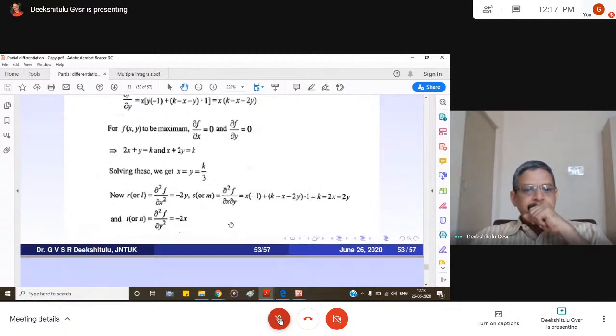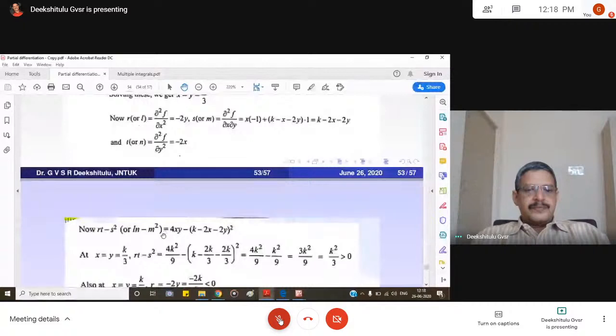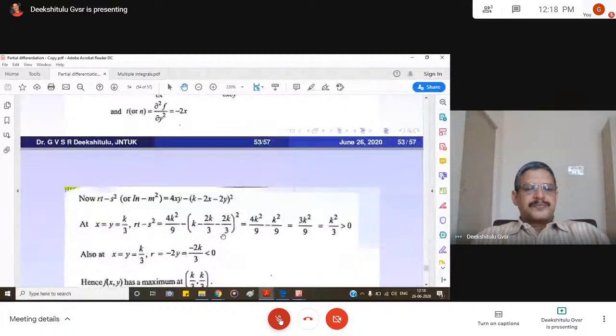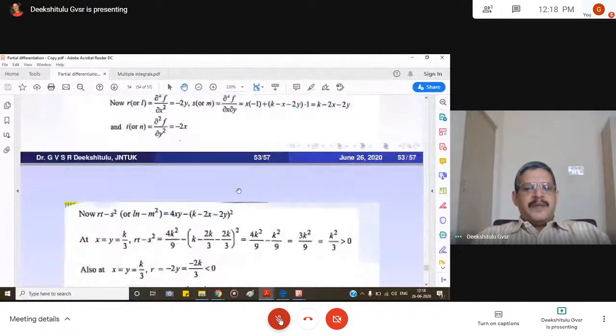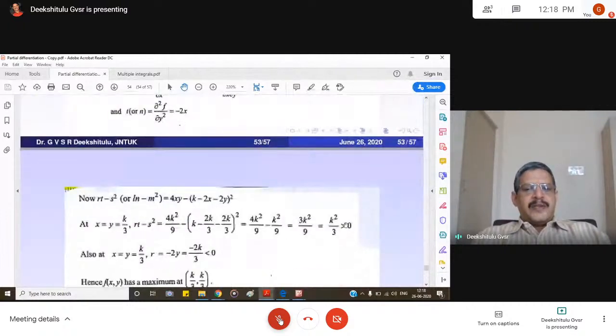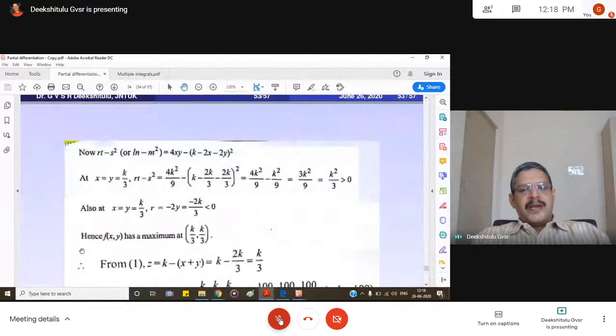Then find the value of ln minus m square, and get the values. Substitute the values of k by 3, and ln minus m square is greater than 0, and l is less than 0, so you have a maximum value at k by 3, k by 3.